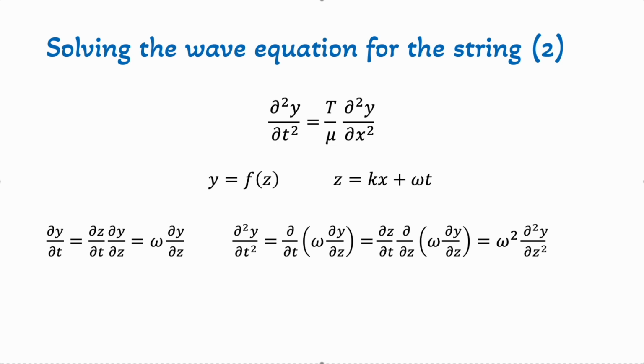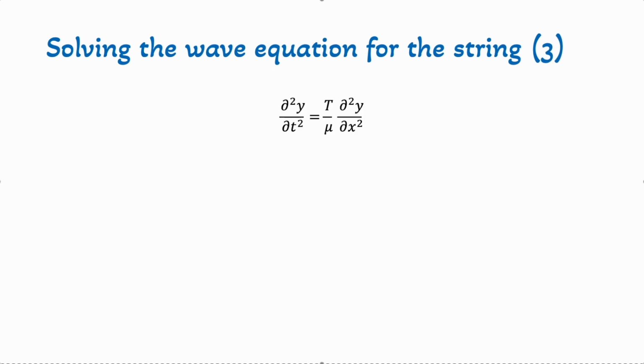So, how has this helped us? Well, let's substitute in the d2y/dx squared and d2y/dt squared results. What do we get? Omega squared d2y/dz squared, so that's what d2y/dt squared is, is equal to T over mu times k squared d2y/dz squared, so that's what d2y/dx squared is.